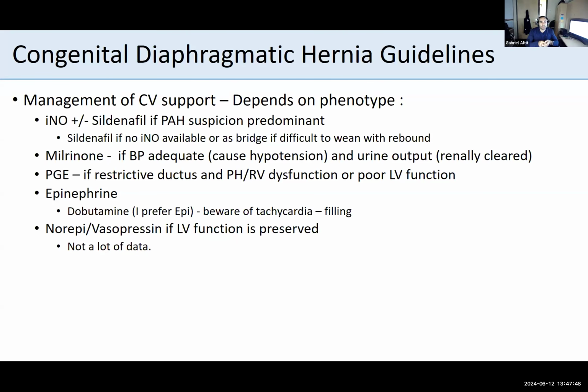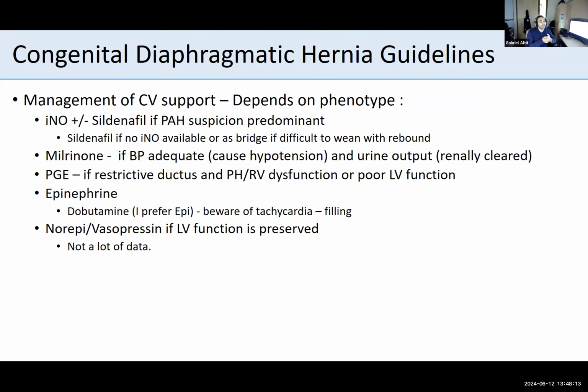Milrinone is an agent that will theoretically improve the relaxation of your ventricle and could be an interesting agent to consider in some of these patients, but it is renally accumulated, so you'll want to avoid intoxication, and it does create some degree of SVR and PVR relaxation. And so if your patient is already profoundly hypotensive, you have to be very careful about that.